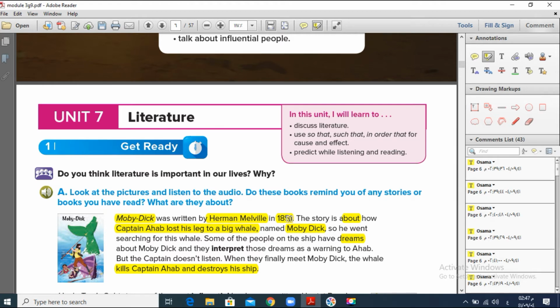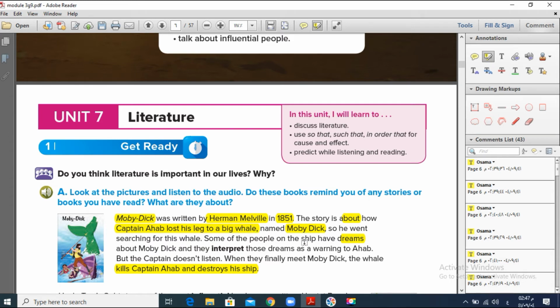Got it? Now, the story is about how Captain Ahab lost his leg to a big whale. True or false? True, of course, because I read it from the passage. The whale named Captain Ahab. True or false? False.